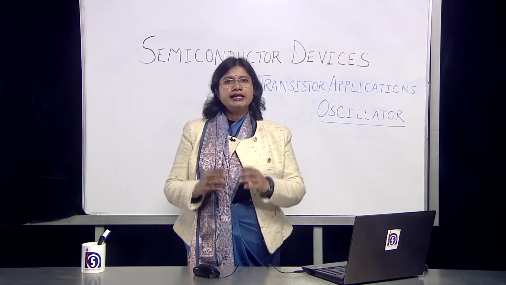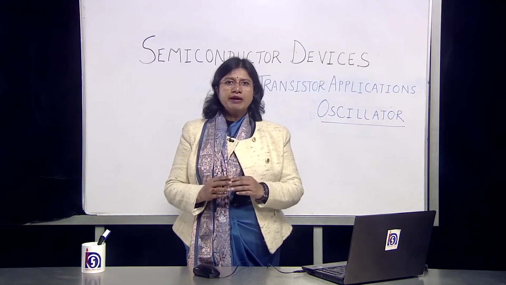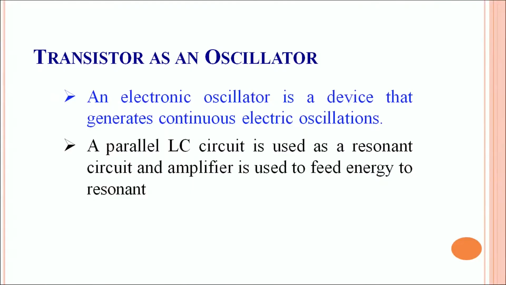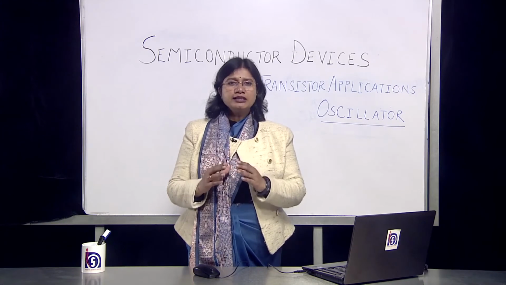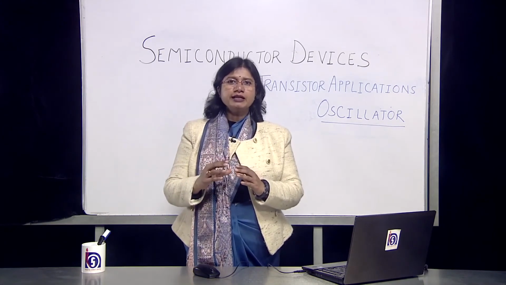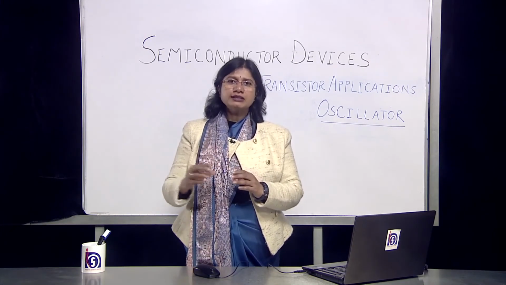To look at a simple oscillator, there is a parallel LC circuit, that is an inductor capacitance circuit, which is used as a resonant circuit, and an amplifier which is used to feed the energy back to the resonant circuit.